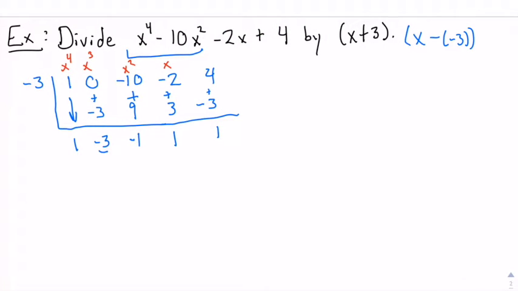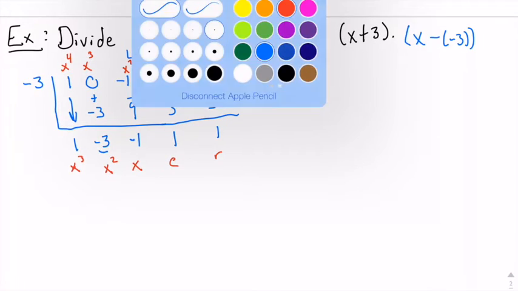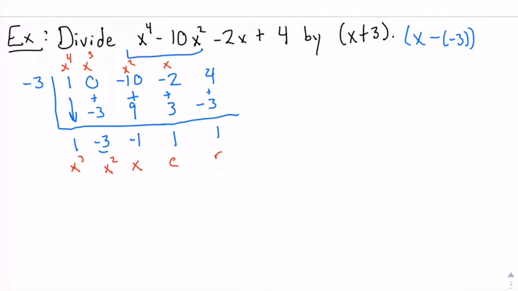Once we have things outside of the box, everything lowers by a power. So now this is our x cubed term. This is x squared. This is our x, our constant, and our remainder. When we want to convert this back into a polynomial, we do the following.